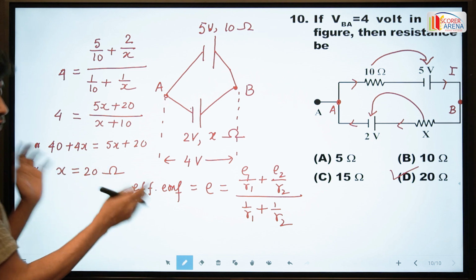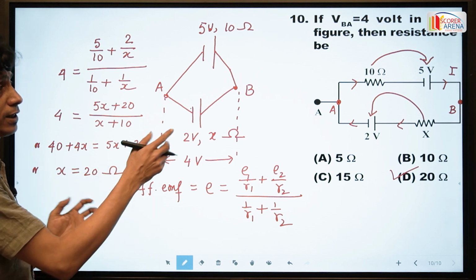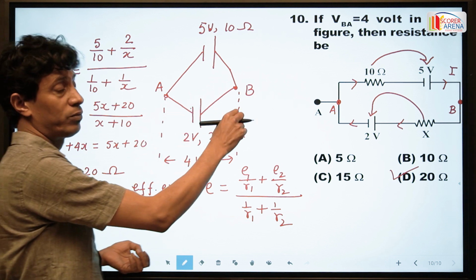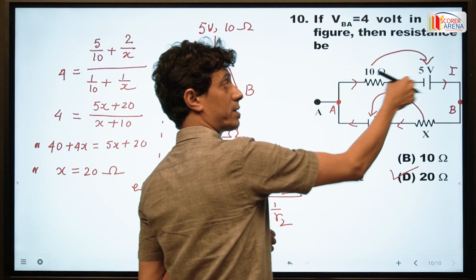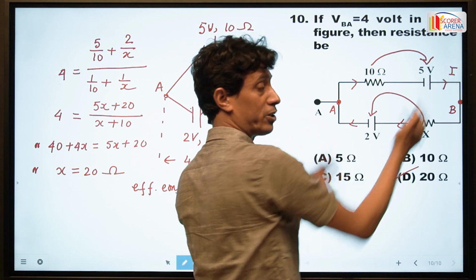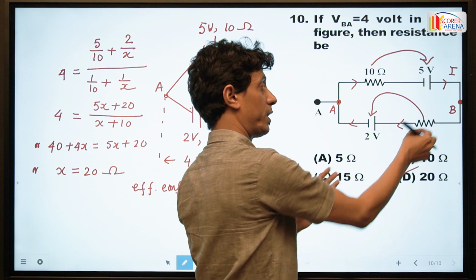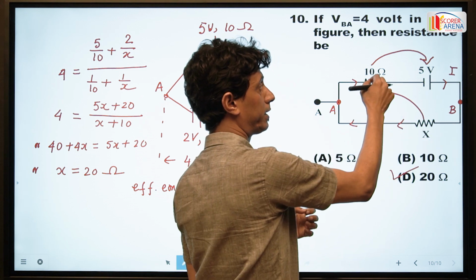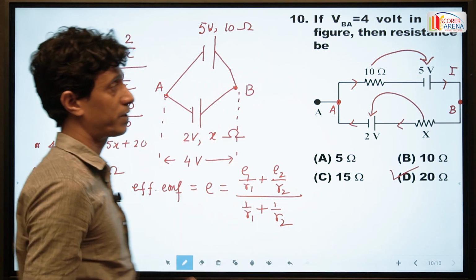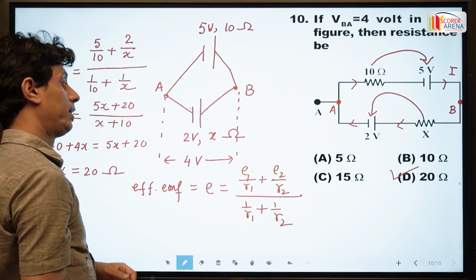So in the alternative method, if we consider the 10 ohm as an internal resistance of this cell, since this resistance is connected in the branch of the cell and X is also connected in the branch of the cell, X can be considered the internal resistance of its cell, and 10 can also be considered the internal resistance of its cell. And this is a combination of non-identical cells.